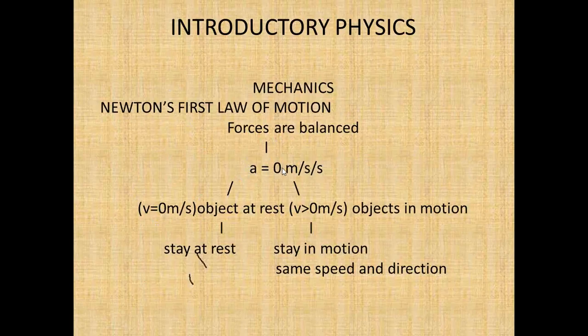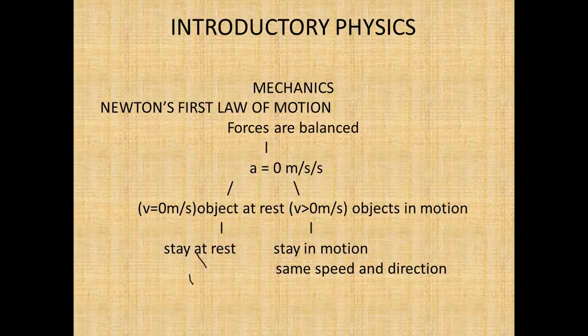If there's no acceleration, it could mean two things. The object is at rest, hence the velocity is 0. Or the velocity is not 0 and the object is moving with a constant speed. Remember, the definition for acceleration is a change in velocity.